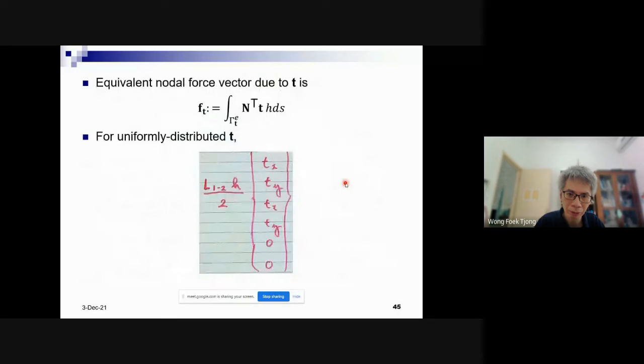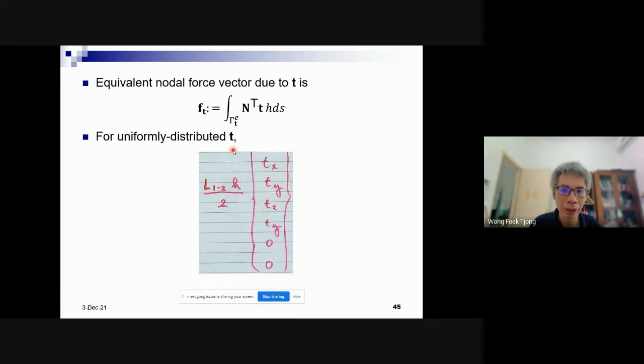For constant strain triangles using area coordinates, it's very easy. Of course, we can also do it using Cartesian coordinates, but algebraically it's more complicated. Any questions so far?